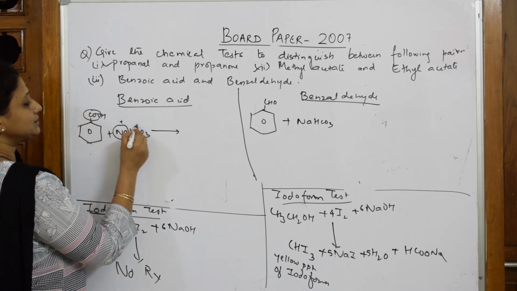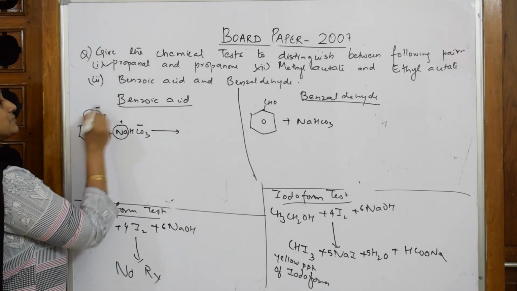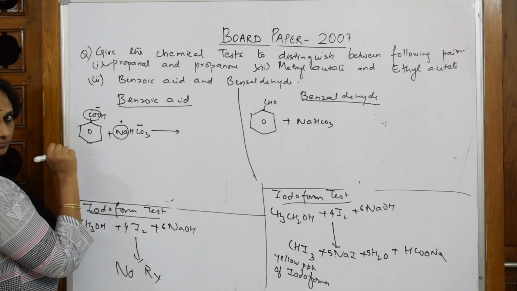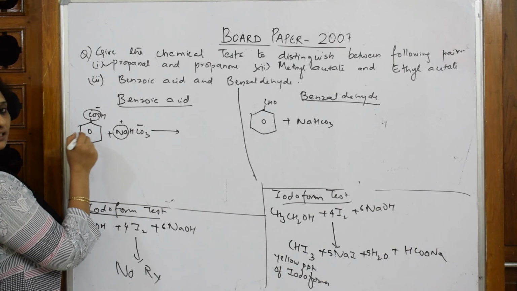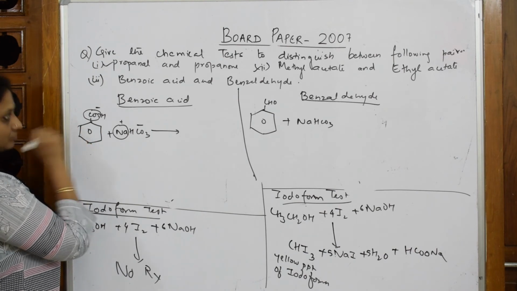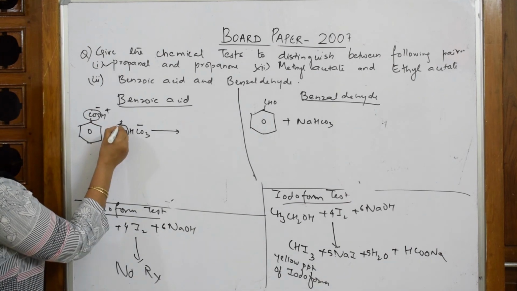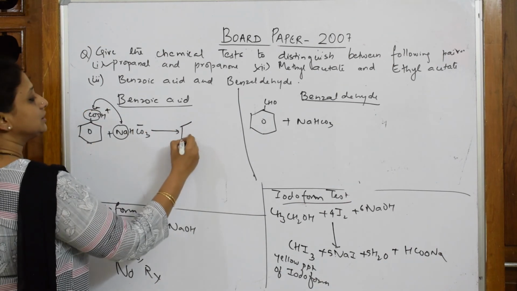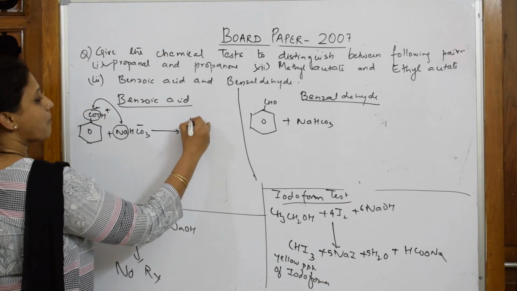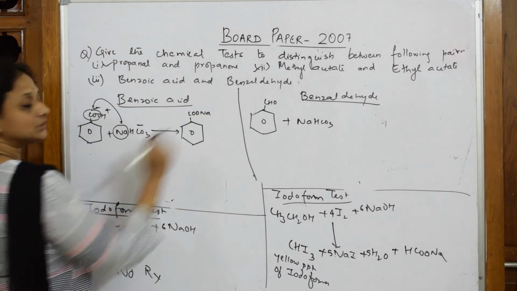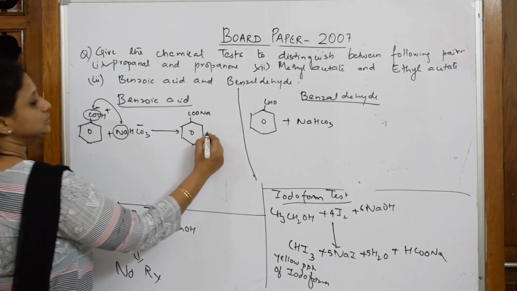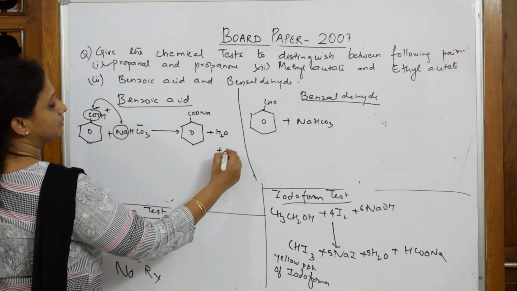This becomes Na plus and bicarbonate ion, and this becomes carboxylate COO minus ion and H plus. The Na combines with this and I get sodium benzoate. What else is left? You have water and carbon dioxide.